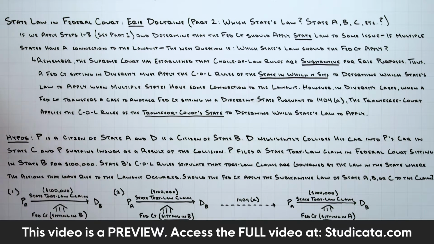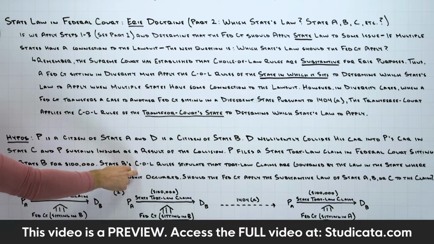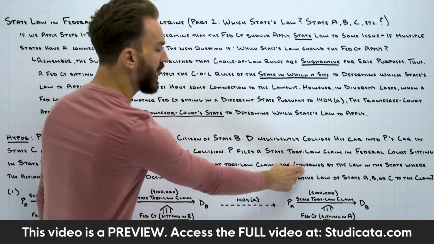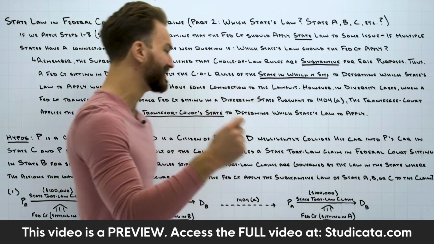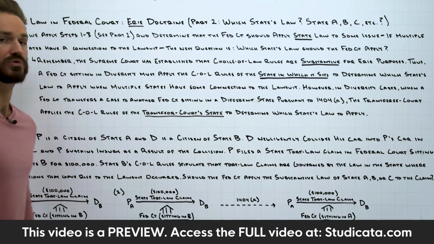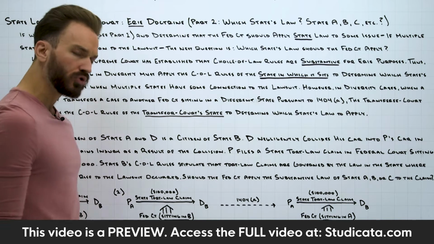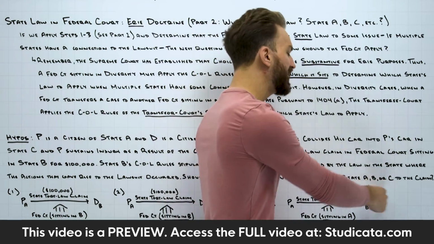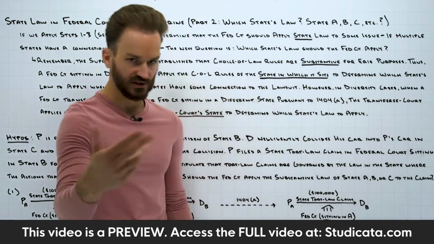Let's say state B has choice of law rules that stipulate that tort law claims are governed by the law in the state where the actions that gave rise to the lawsuit occurred. Should the federal court apply the substantive law of state A, B, or C to this claim?